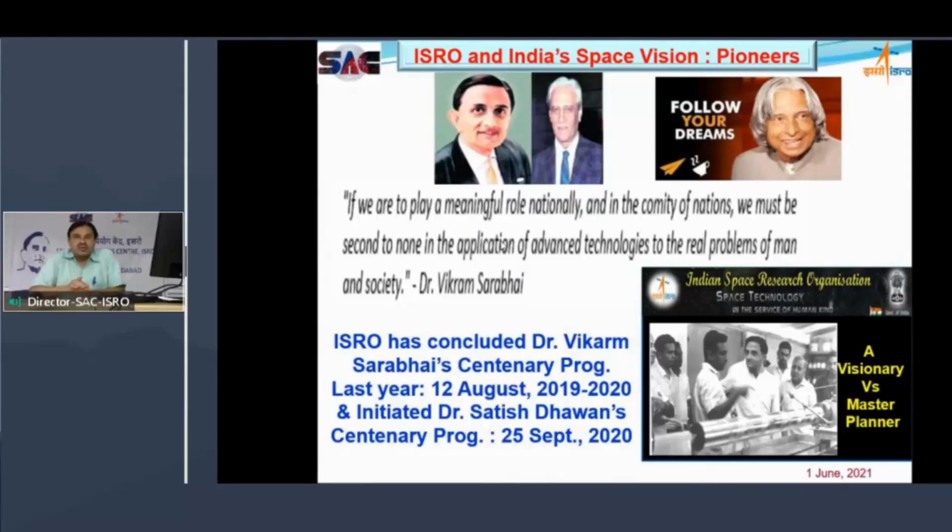At the bottom you are seeing a very rare picture of Dr. Abdul Kalam with Dr. Vikram Sarabhai. This is one of the unique pictures where both of them are discussing some concept quite in detail. Incidentally, last year we completed the Vikram Sarabhai centenary program from 12th August 2019 to 12th August 2020.